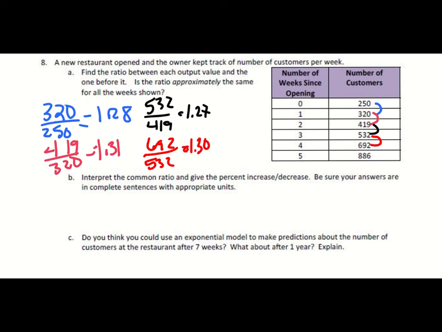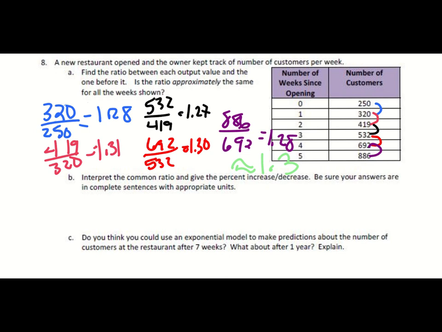And then 886 over 692 gives me 1.28. So if you look at all of them, they're all approximately about 1.3. They're not all the same.